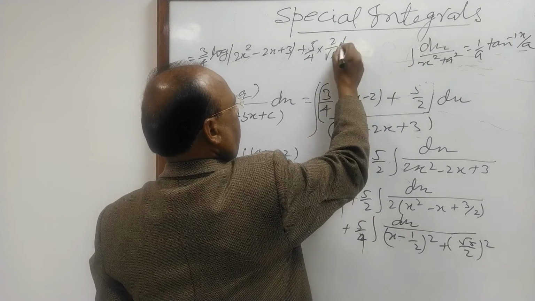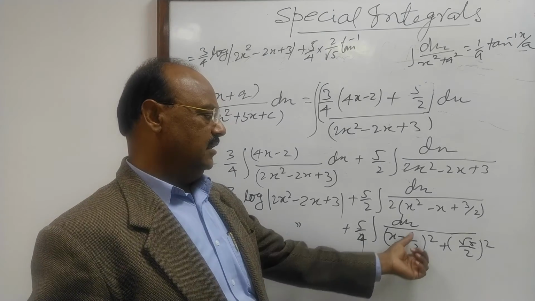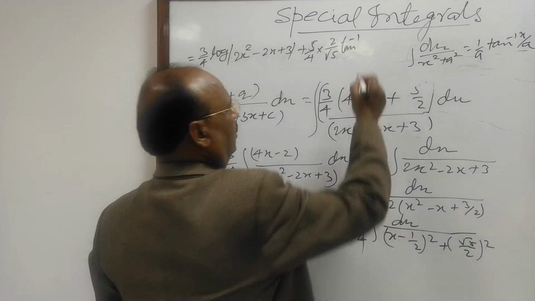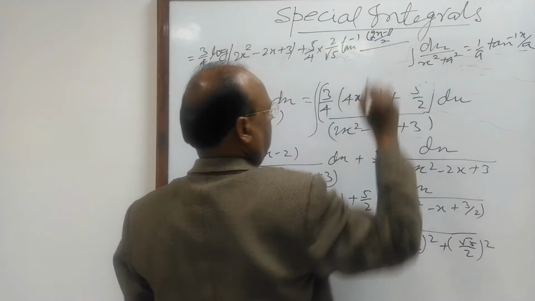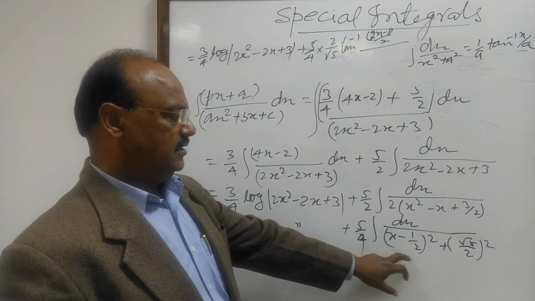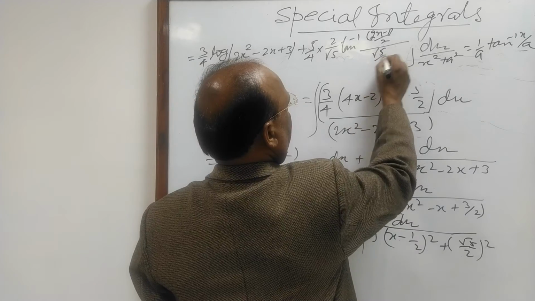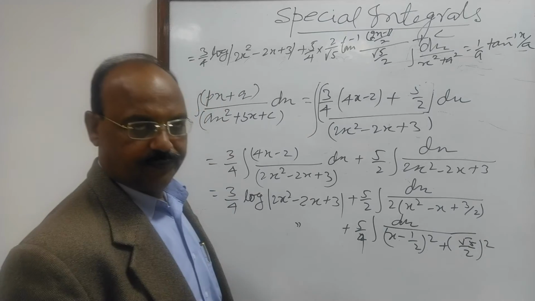So tan inverse, in place of x we are having x minus 1 by 2, that is (2x minus 1) by 2. This is (2x minus 1) by 2, this is x by a, root 5 by 2, plus constant of integration c.